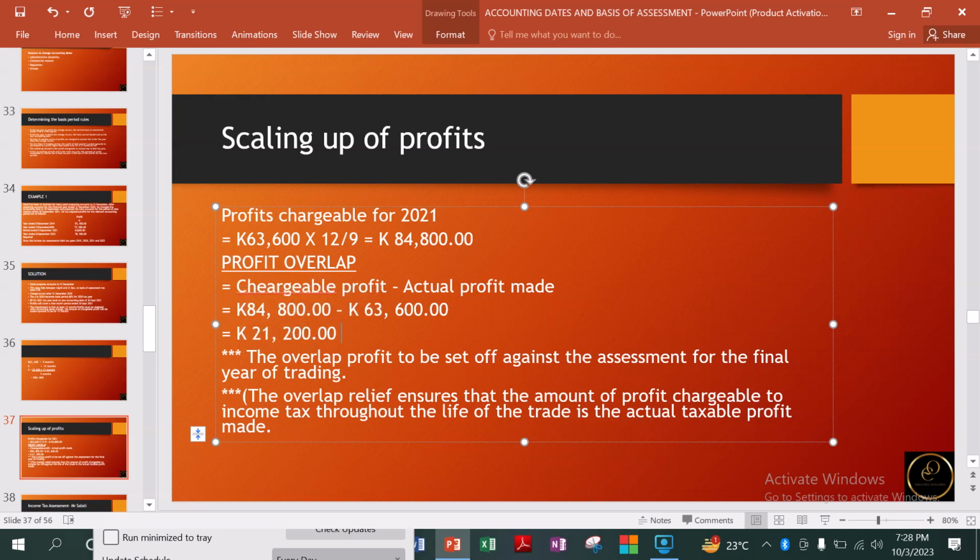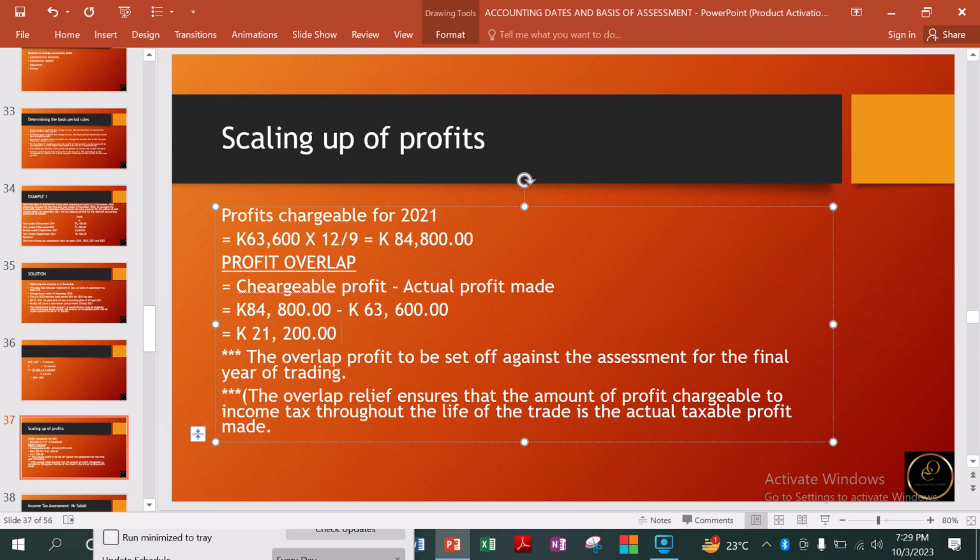In the final year you look at the profit made in that year and reduce it by 21,000, because there is profit that has been taxed which was not supposed to be there. So you get the relief in the very final year of trading, subtracting it from the profit generated in that final year. That balances off the imbalance.